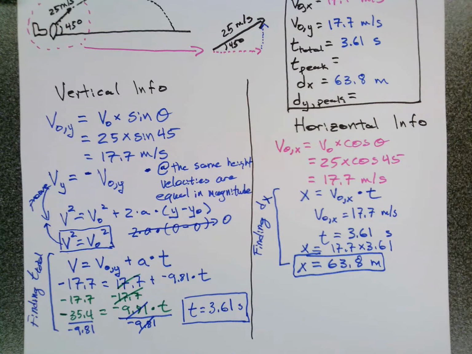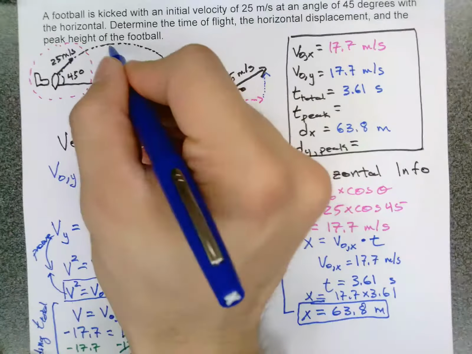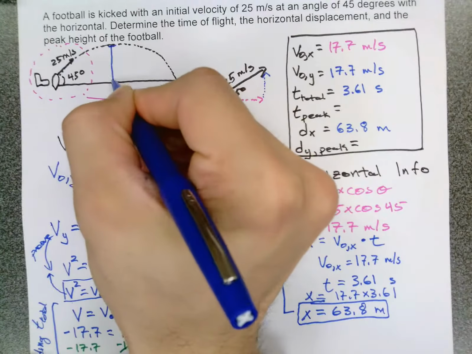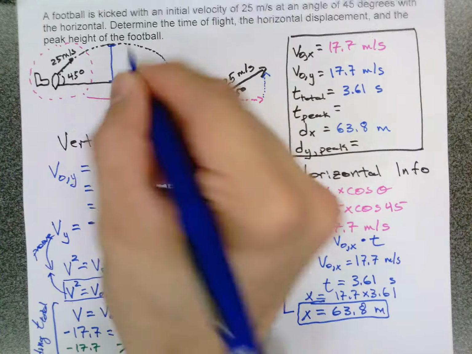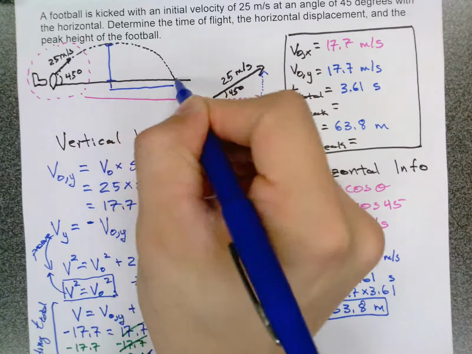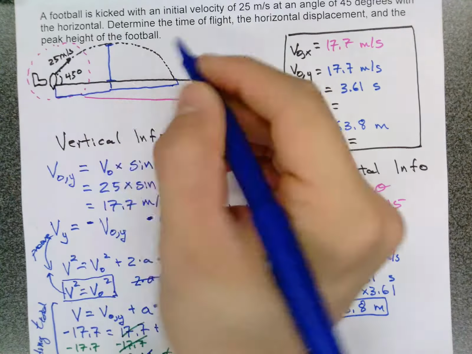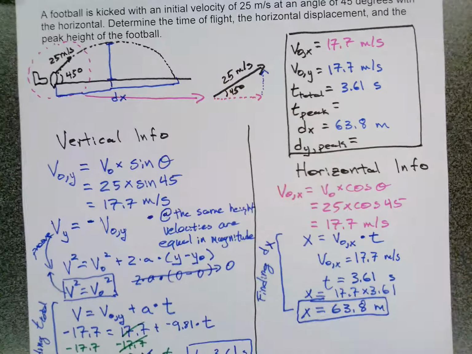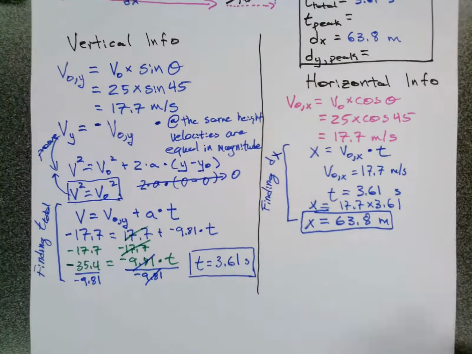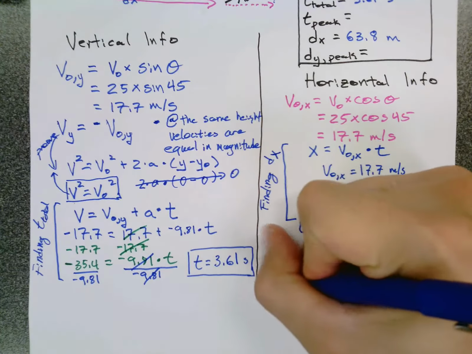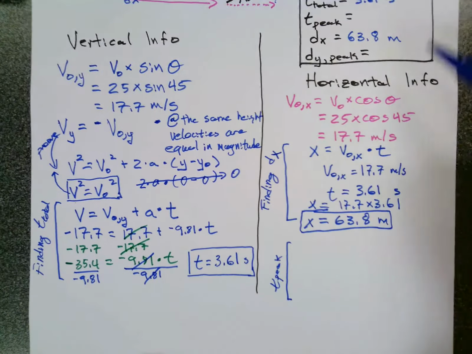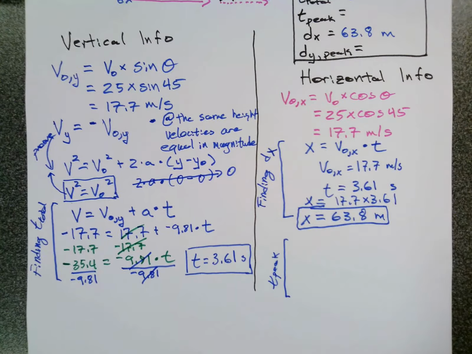Alright, all that's left is to find our information about the peak, or our maximum height. One of the things about being on level ground and kicking something up and back down is that the peak comes halfway in between the total distance. So if we were to find our time at the peak, we're actually going to use our horizontal information.